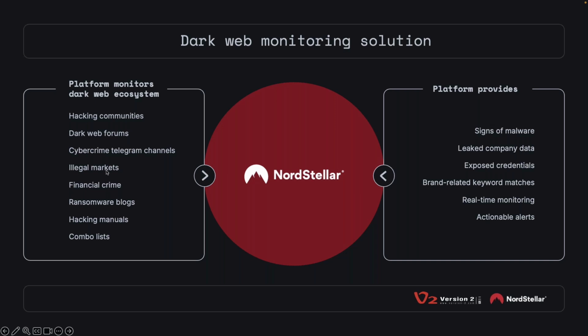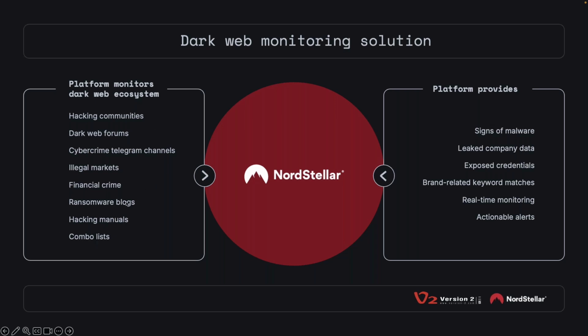And there are some illegal markets on the dark web, especially. They may sell information, sell vulnerabilities, sell databases. So we will also monitor them. So some financial crime, ransomware boxes, or some ransomware service websites you can mention. And there are other lists that we will monitor.